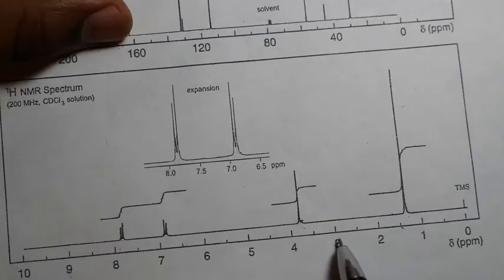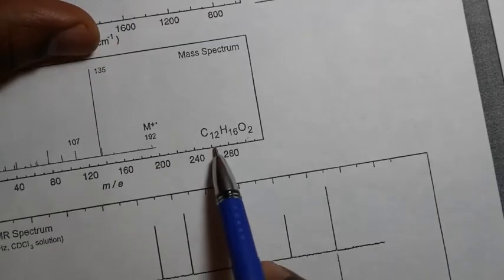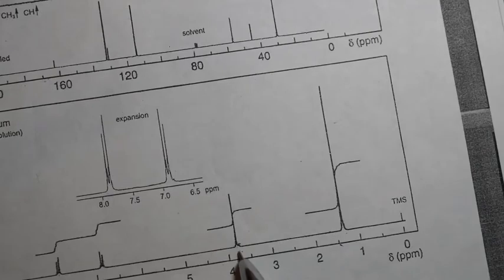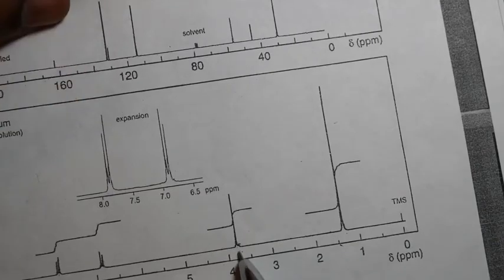And also the peak between 2.5 to 4.5 belongs to a carbon attached to an oxygen or nitrogen. Since we do not have any nitrogen in the molecular formula, this belongs to a carbon attached to oxygen.